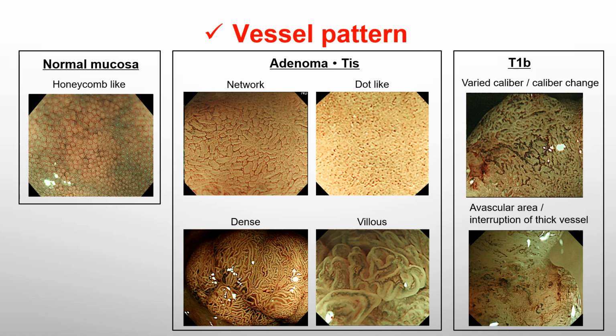Normal mucosa is honeycomb-like, and adenoma or TIS is network or dot-like or dense pattern or villus pattern, and T1b is varied caliber or caliber change or avascular area or interruption of thick vessel.